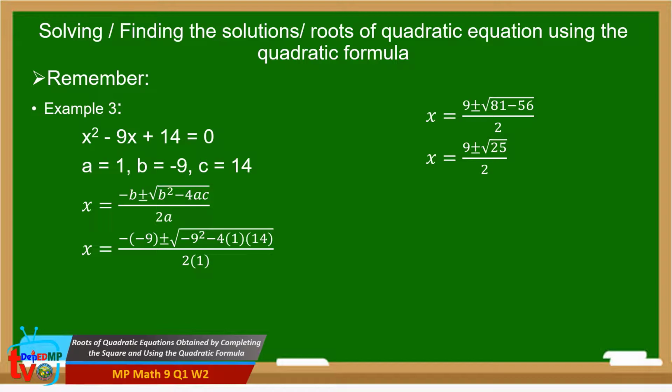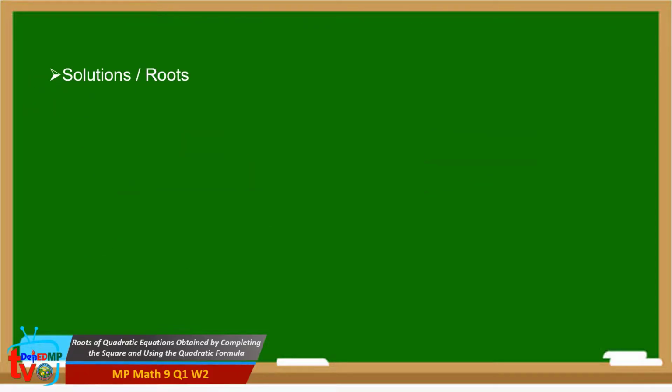The square root of 25 is positive or negative 5. Now we have x is equal to 9 plus or minus 5 all over 2. To find the roots, separate the two signs. This means that the first one is x is equal to 9 plus 5 all over 2.